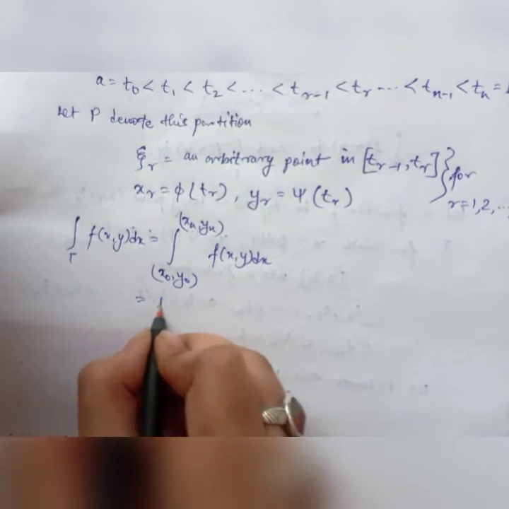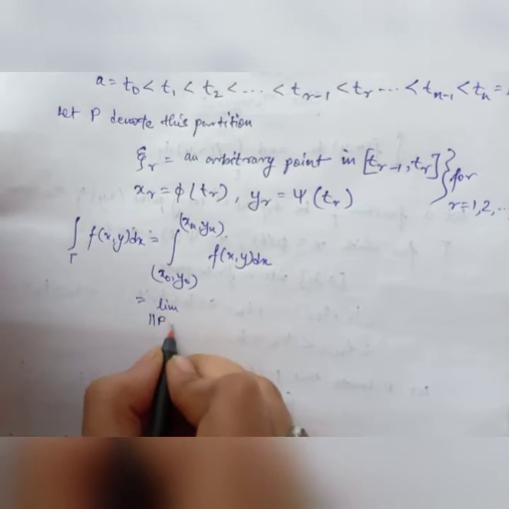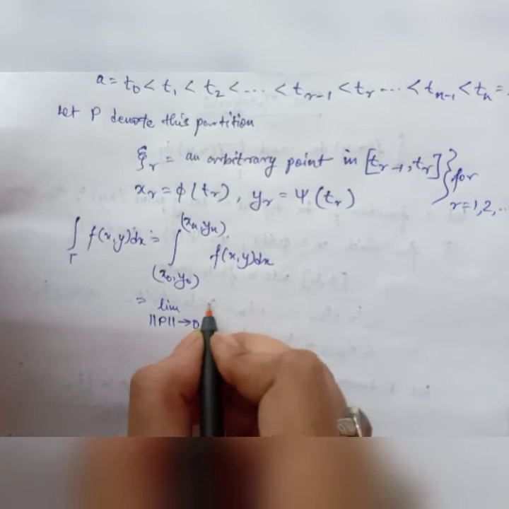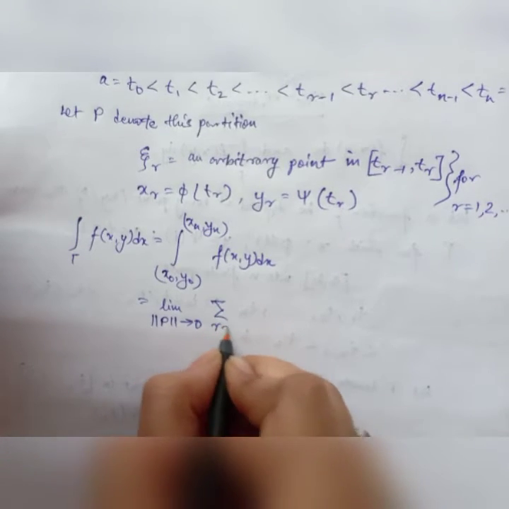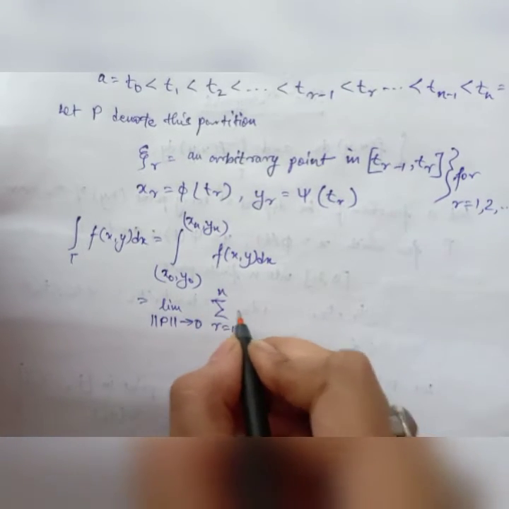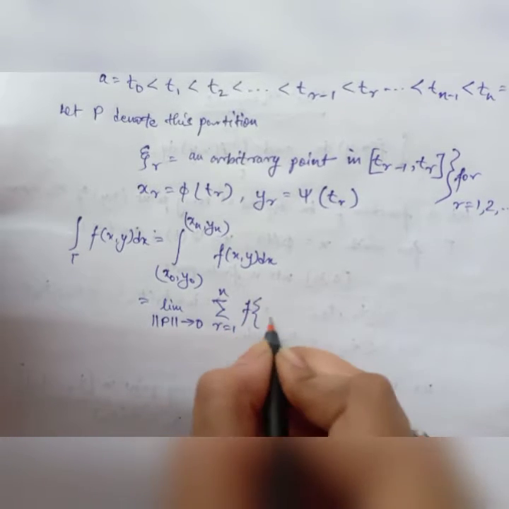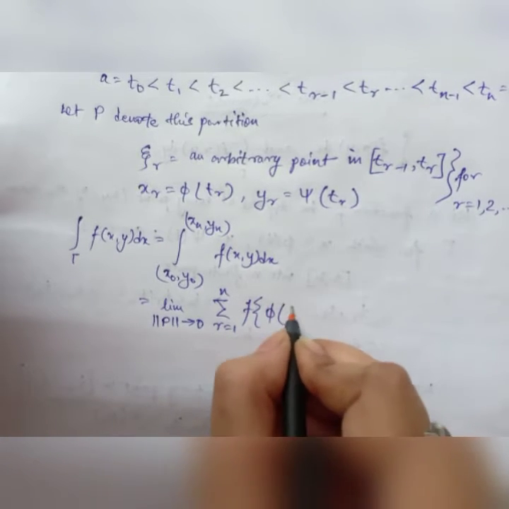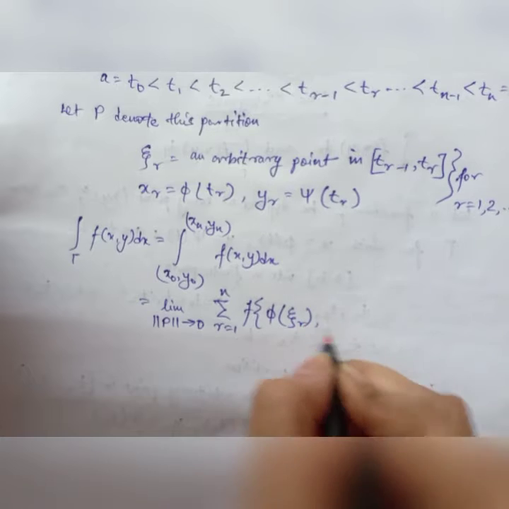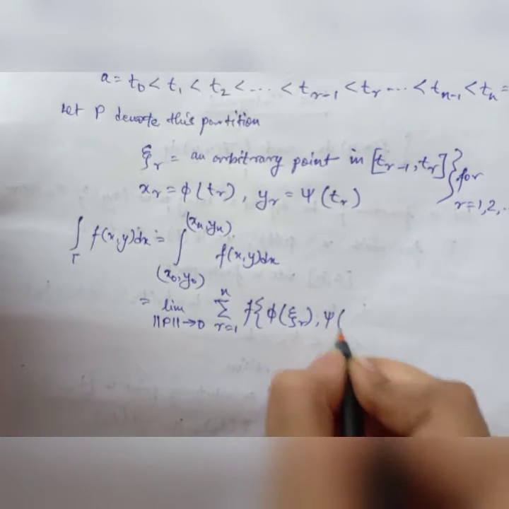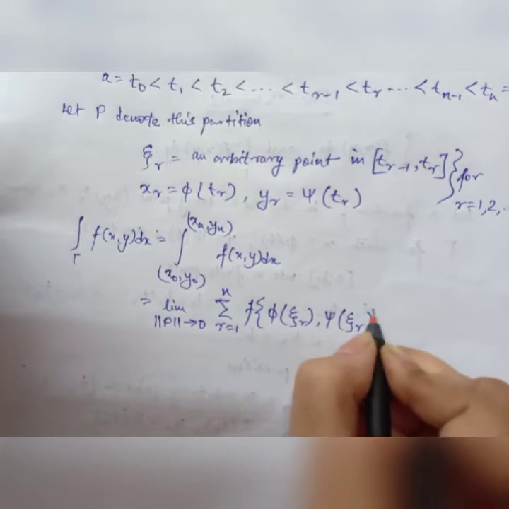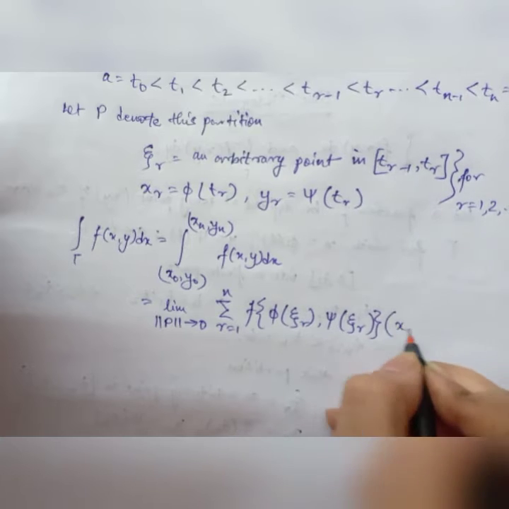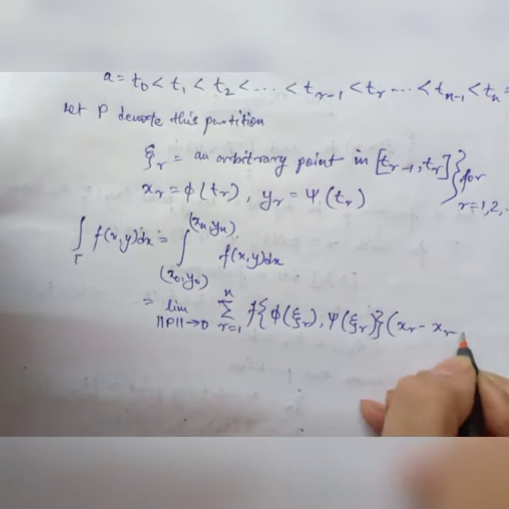This equals limit as partition p tends to 0 of summation r equals 1 to n f of phi of xi r and psi of xi r times xr minus 1.